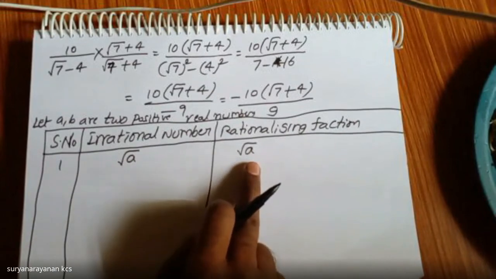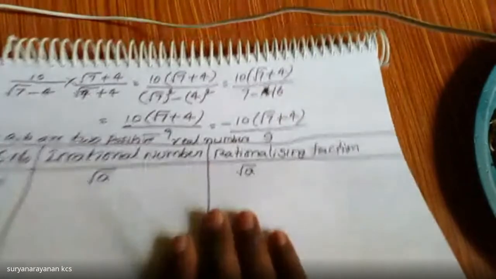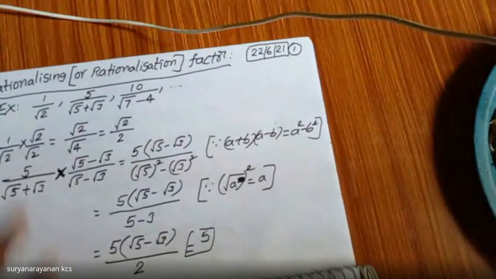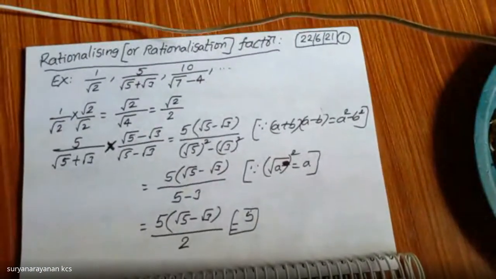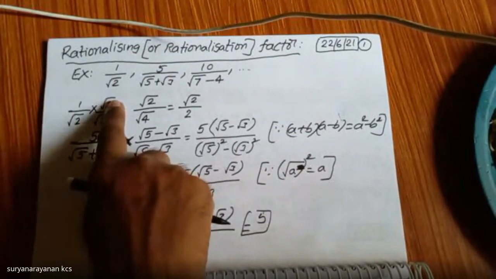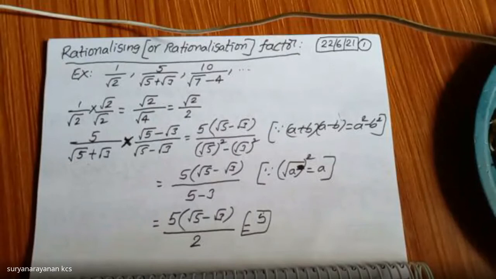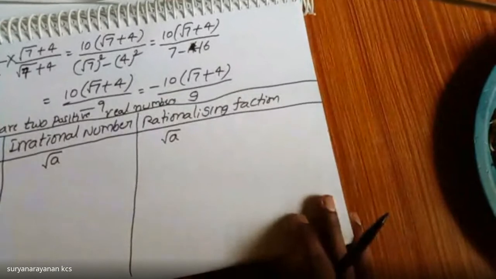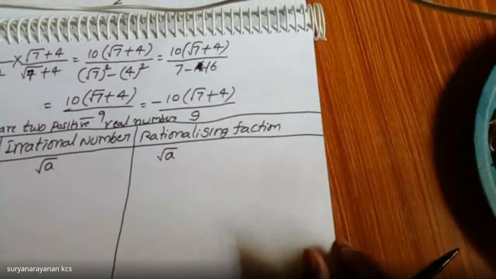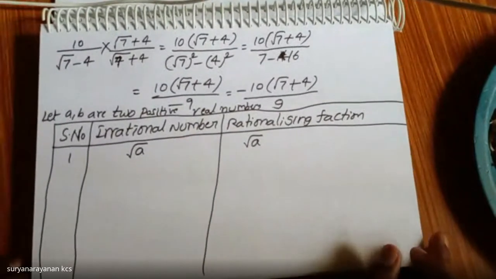It means we have to multiply that fraction, numerator and denominator, by root A. See this example, we have done that previously. Here root 2 is in the denominator, and we multiplied the numerator and denominator by root 2. Similarly, you have to remember these rationalizing factors. Then it is easier for you to make the denominators rational numbers.